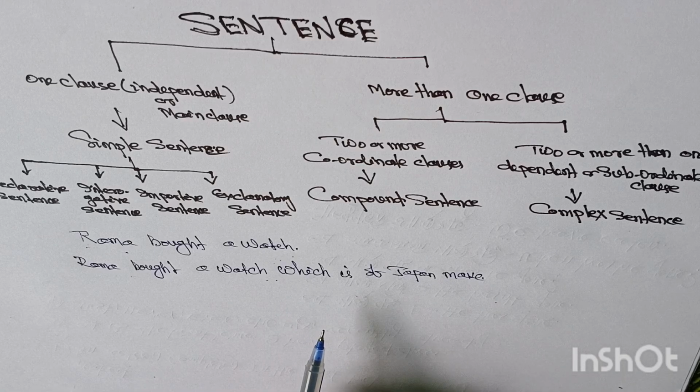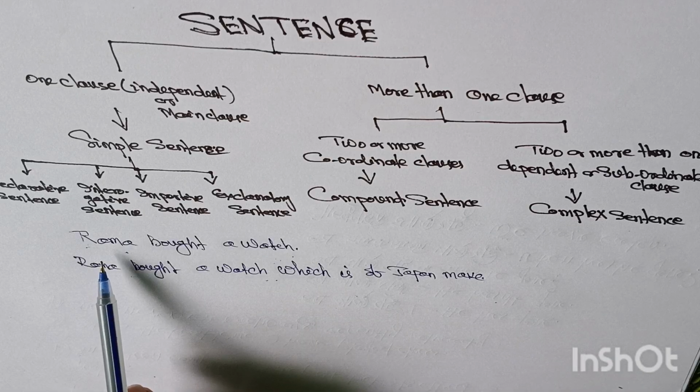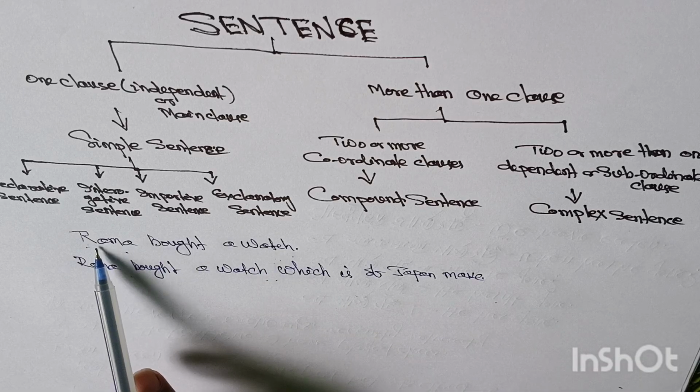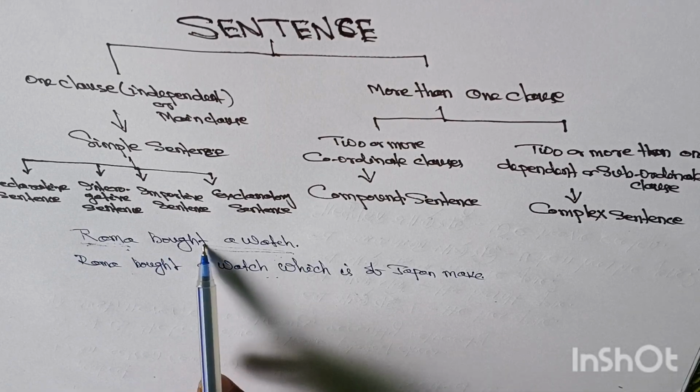So, a simple sentence has one clause. In that clause, one subject and one predicate are present. You can know it easily: in Rama bought a watch, Rama is the subject, and bought a watch is the predicate.